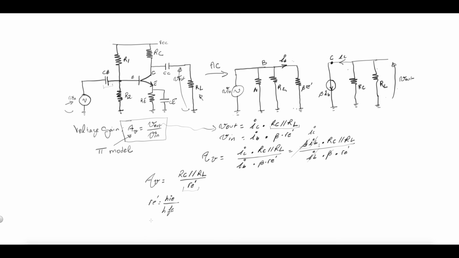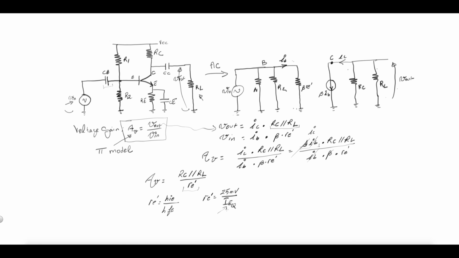Now, here's another trick. There is an ideal value for re prime, and that would be 25 millivolts divided by the IE, the DC version, or for the quiescent point.